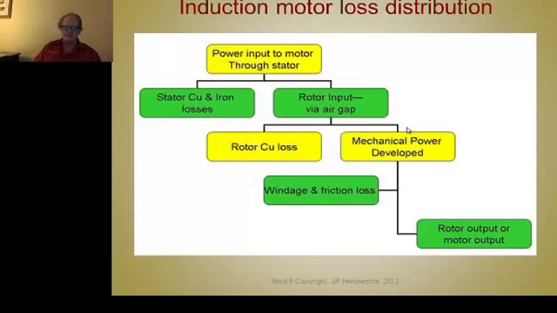And then machines that run high speed, or even reasonable speed machines with real small air gaps like induction motors, will have some windage losses as well. There are some other losses that take place in the air gap, stray load losses and zigzag losses, and those can be significant in some designs, but in other designs, PM machines don't seem to have too much of that, but induction machines do.